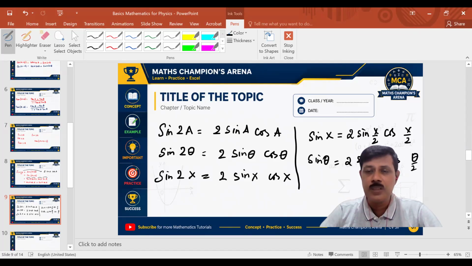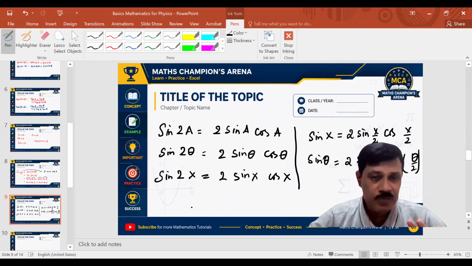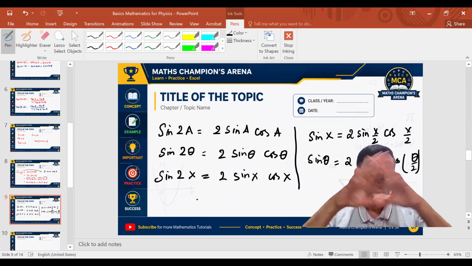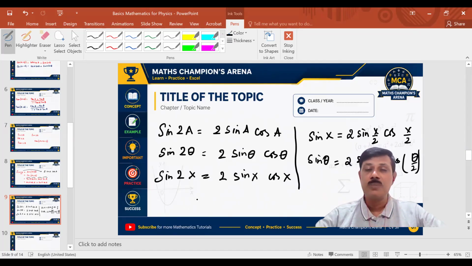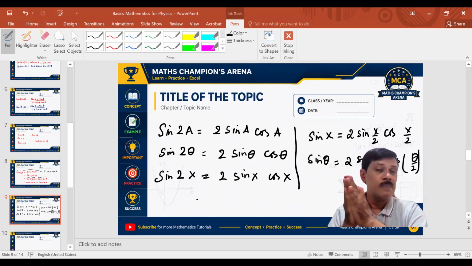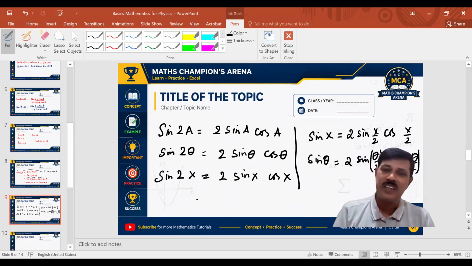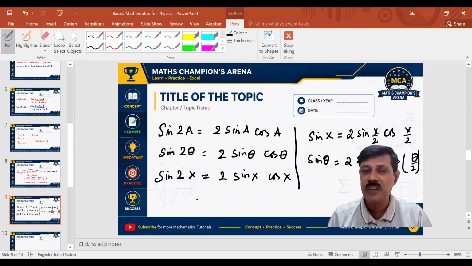See, this theta by 2 itself is half of the angle. So be careful here. This is the formula and this is the approach to find the other trigonometric ratios. The sine of the 2a angle is double, and you're trying to find a half angle. These are the things we can find.